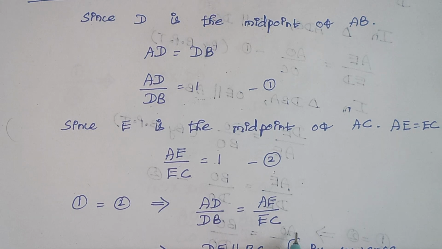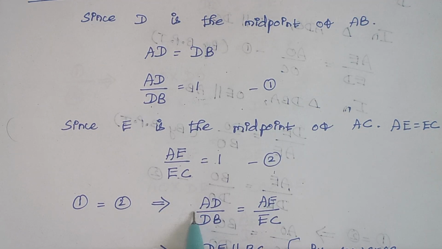Right. So what does this indicate? That the ratio of one side of the triangle is equal to the ratio of the other side of the triangle.